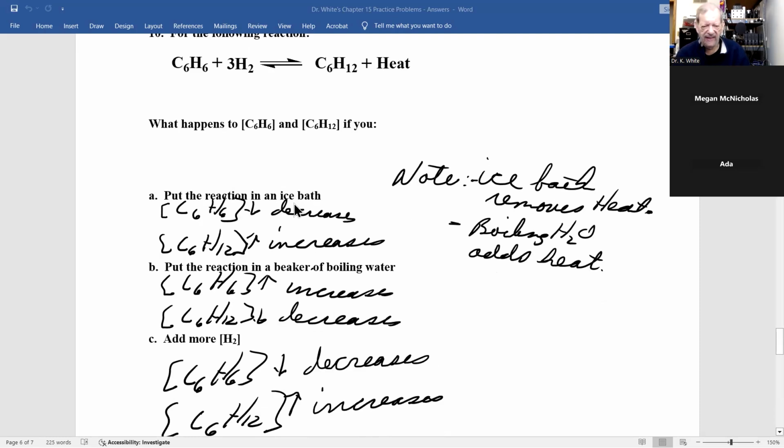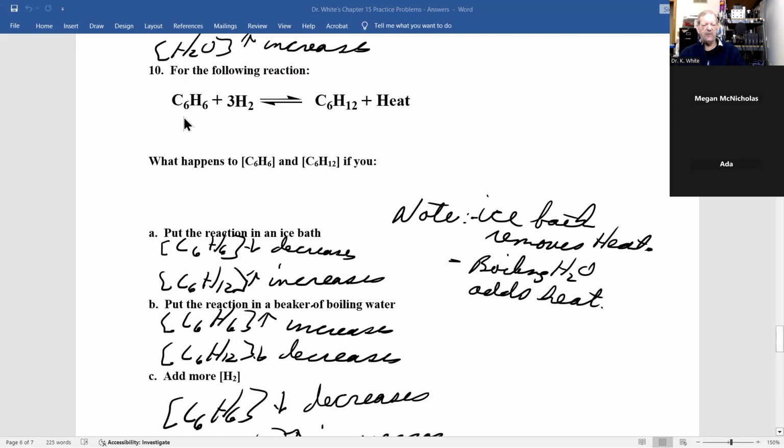So by putting it in an ice bath, we take away some of the heat. At equilibrium, there's a certain amount of C6H6, certain amount of H2, certain amount of C6H12, and a certain amount of heat. And by putting it in the ice bath, we've taken away some of the heat.